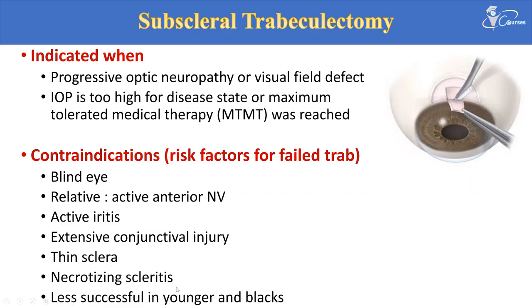Necrotizing scleritis, also it's understandable, it will also have very thin sclera. Less successful in young and black patients. This doesn't have any explanation, but it was asked before in the MCQs. The risk of a failed trab is greater in the younger age group and in black individuals.